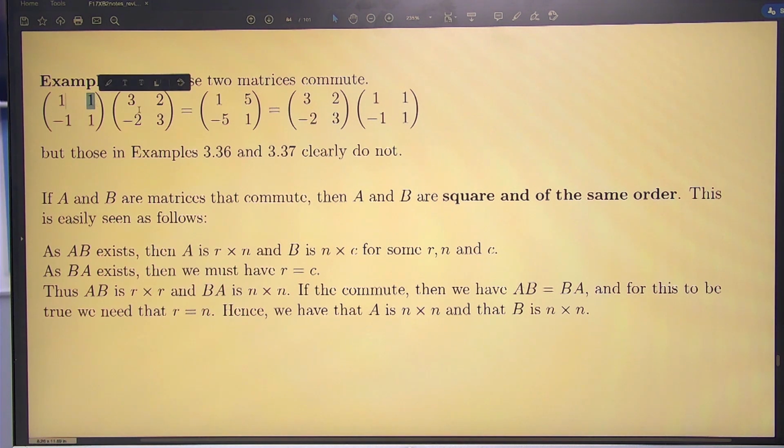We have these matrices and this matrix. The result is this one, and if you change the order, you also get this same result. The main thing here is that to get this, A and B must be square matrices.